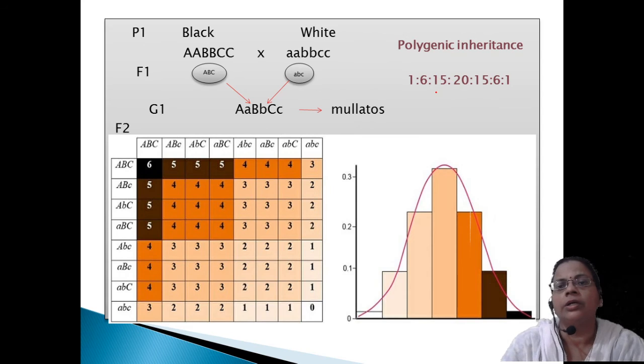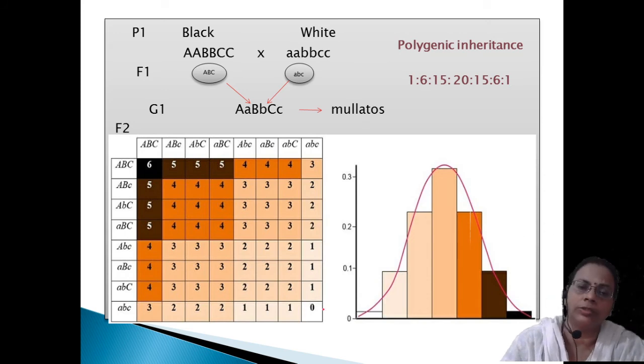Little by little, the melanin will be reduced. And when we go to the extreme right side, the last case, there is absence of melanin altogether. So that is why it is given in this way.